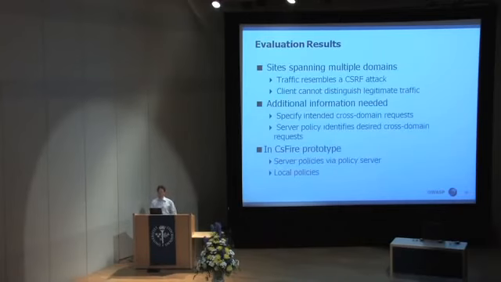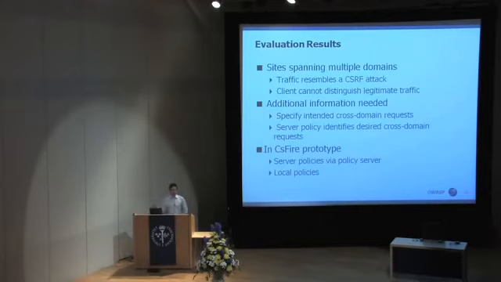We also saw that it's very hard for us to differentiate between that type of interaction between two domains of the same company and an attack. It's not easy to say this is a malicious request, whereas it's benign in the context of one company. So we need additional information about intended cross-domain requests, and we need that to be expressed as a server policy: those two domains are allowed to communicate with each other over the boundaries of the origin.